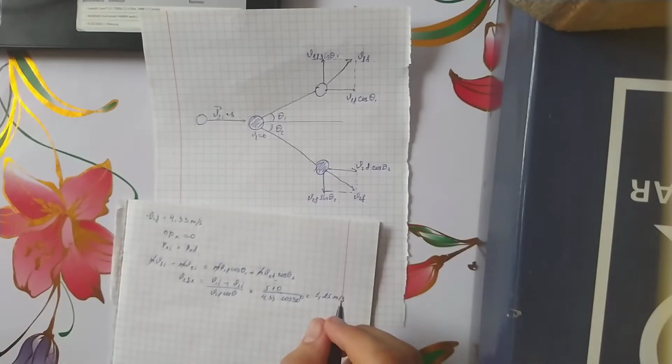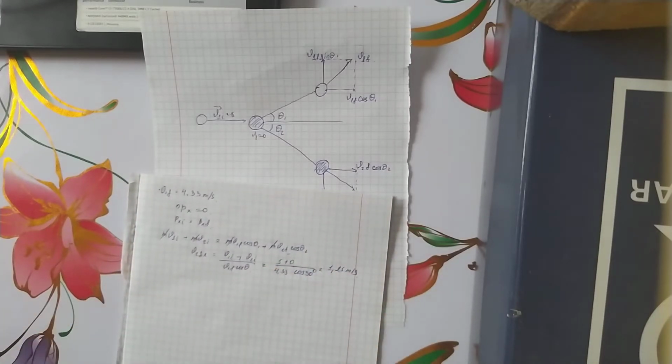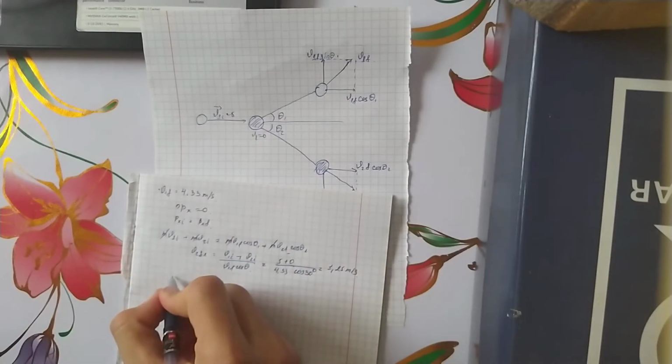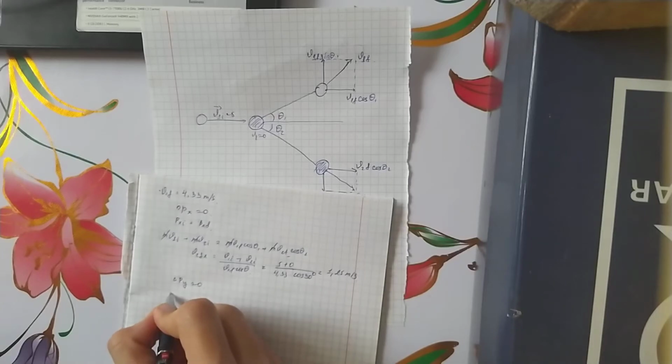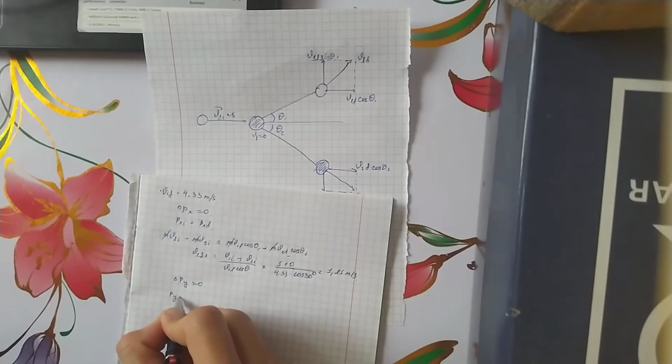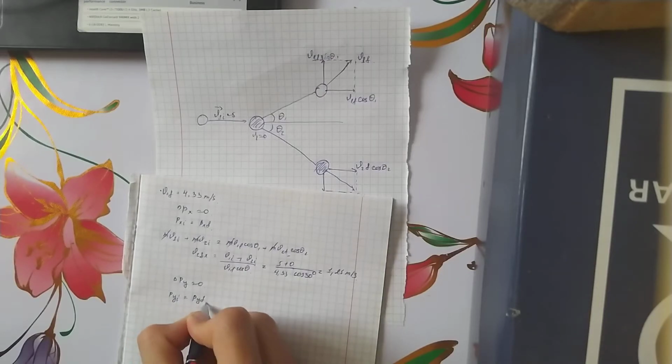Apply the isolated system momentum model in the vertical, y direction. Delta py equal to 0. So py initial equals py final.